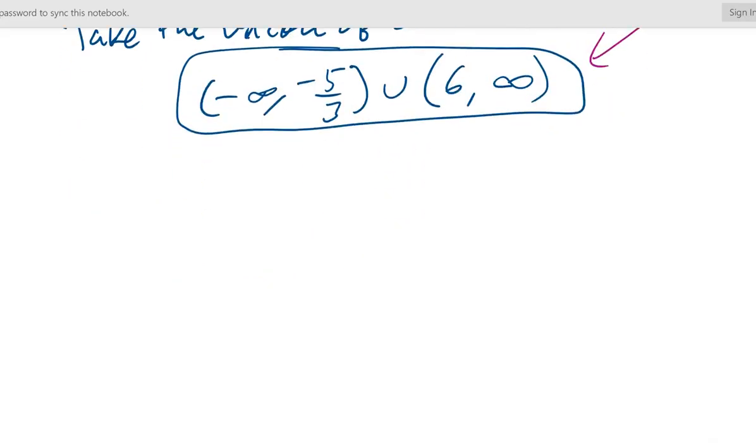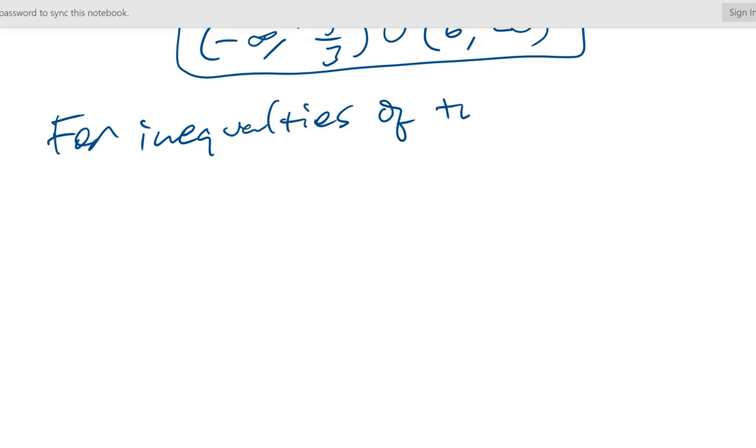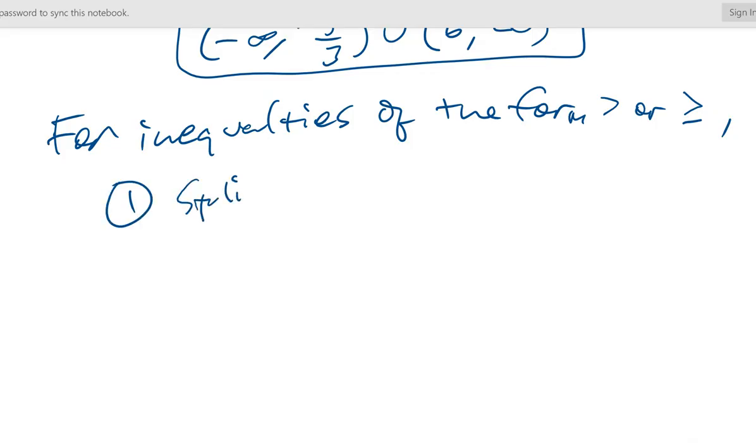Let me write down the fact. For inequalities of the form greater than or equal to, the first step is to split into two cases and solve.